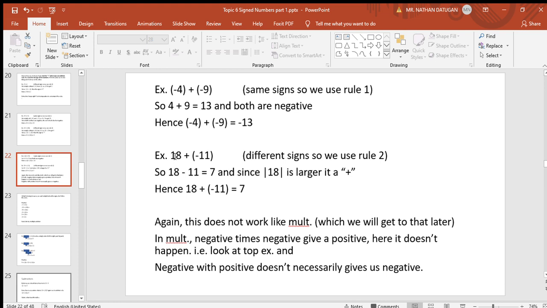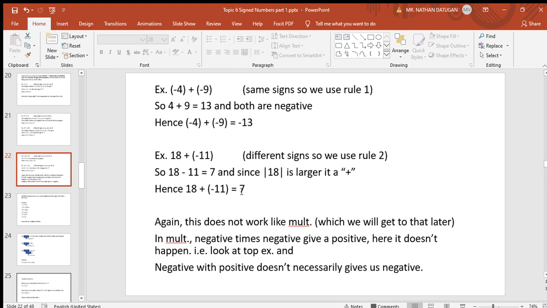The absolute value of 18 is 18, the absolute value of negative 11 is 11, and we subtract those to get 7. Since the absolute value of 18 is larger than the absolute value of negative 11, we use the sign of 18, which is positive. So 18 plus negative 11 is positive 7.